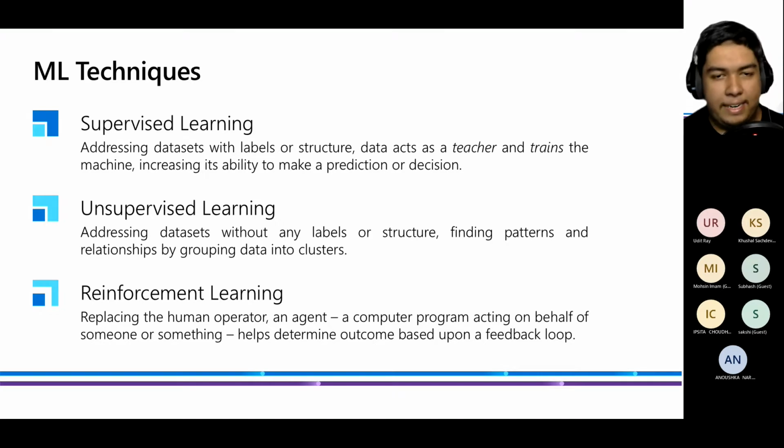Then there is reinforcement learning. What happens in reinforcement learning is, if you have a self driving car, and you want to make it learn what is correct and what is incorrect without any human guidance, whether to cross a red light or whether to stop before a pedestrian.